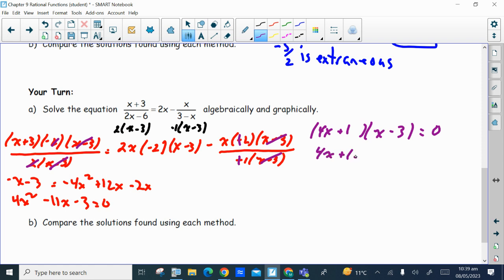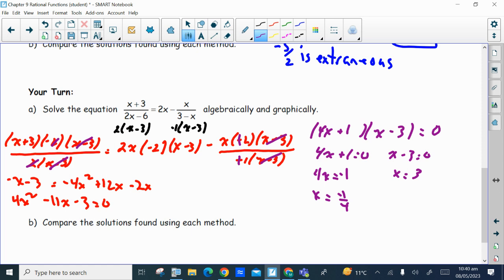So our solutions come when each factor equals 0. So negative 1/4 and positive 3 is what we get.